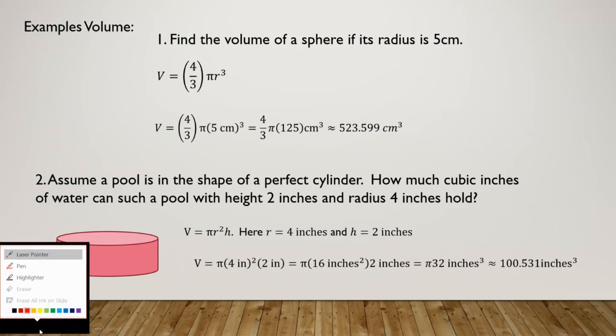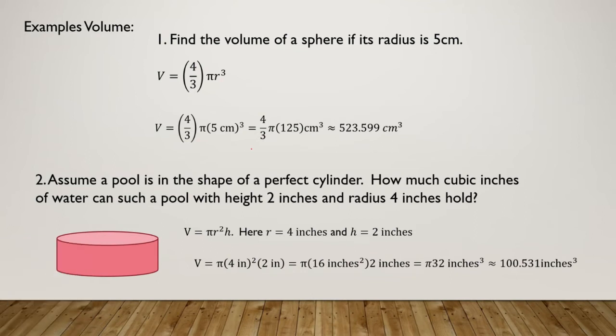That might make it easier. Basically multiplying 5 by itself 3 times.